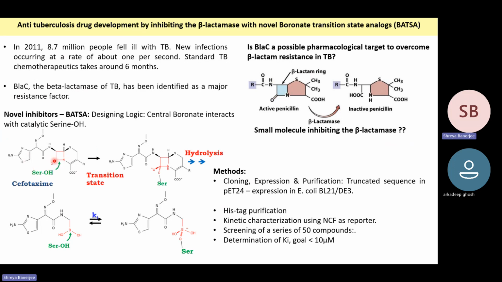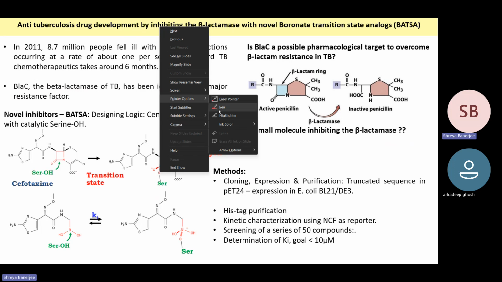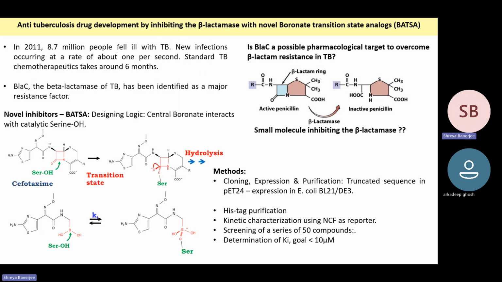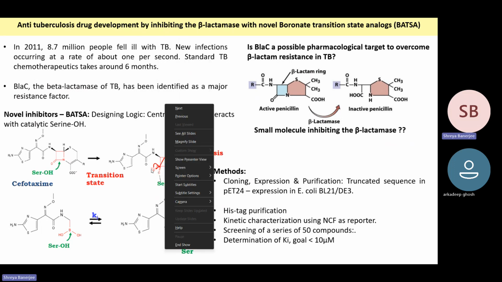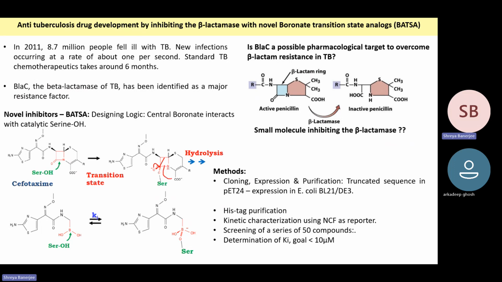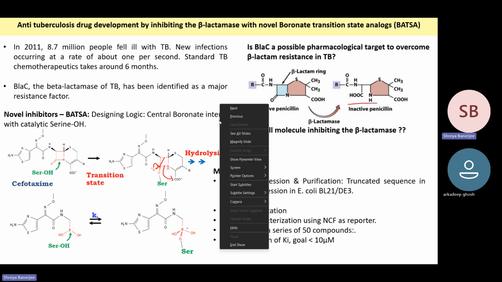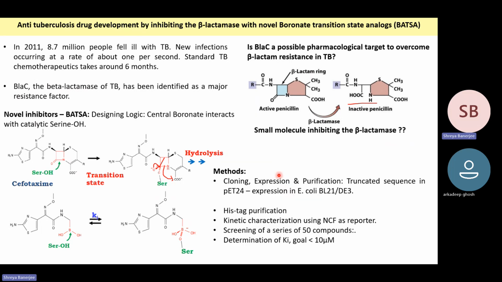And what was happening is that in the bacteria, the serine was attacking this double-bonded O. So serine was adding on to this double-bonded O. That was the transition state. And the next step was that this was kicking back, and this bond was breaking. So the four-membered ring was opening up like this, which was deactivating the penicillin.